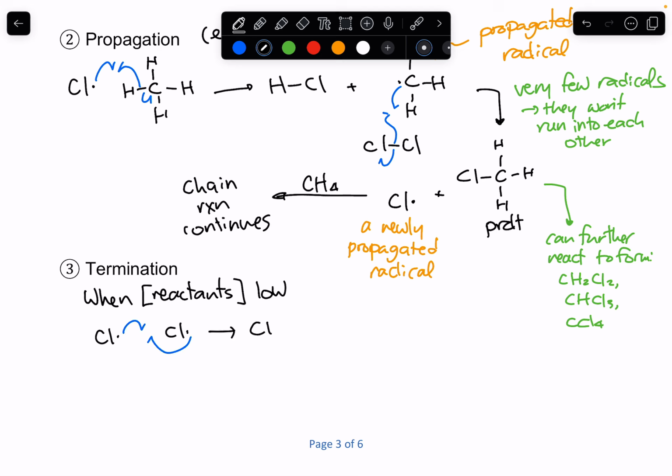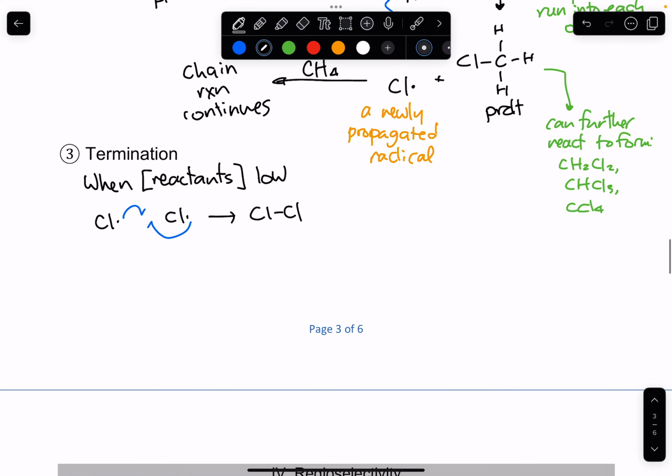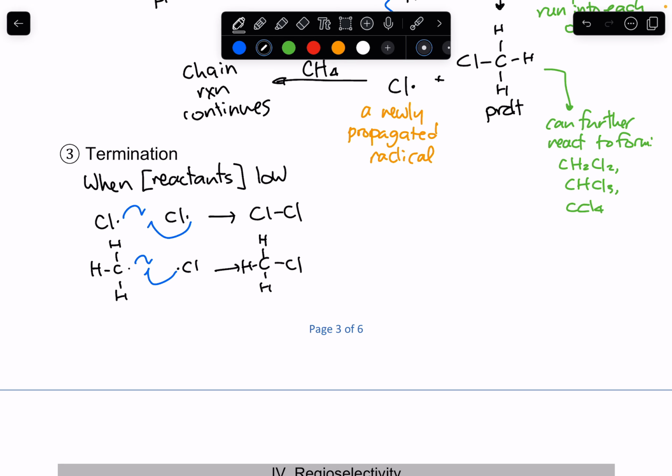And then there's no more radical, so the reaction ends, or it's possible one of the methyl radicals that's propagated could run into a chlorine radical. Then again, the radical is not propagated, so the reaction ends.